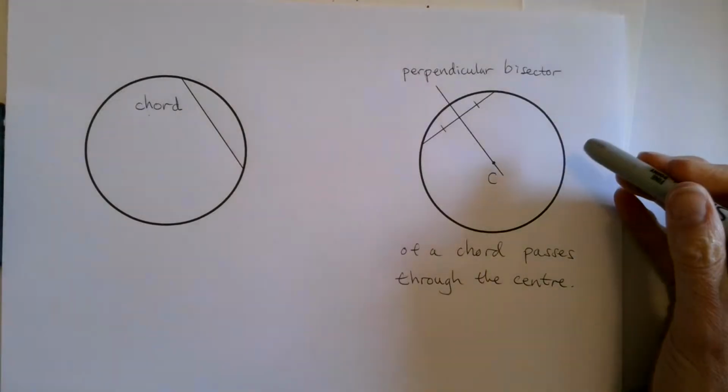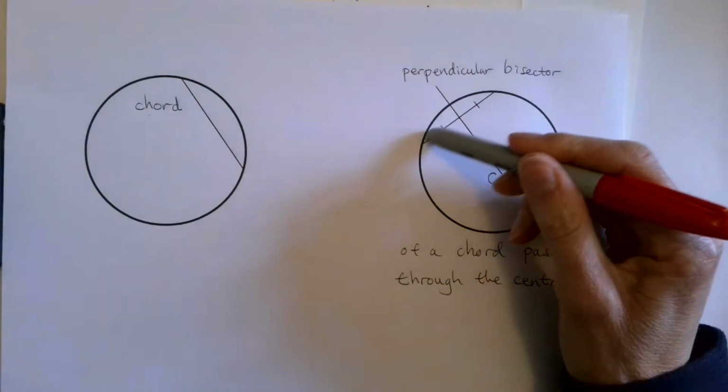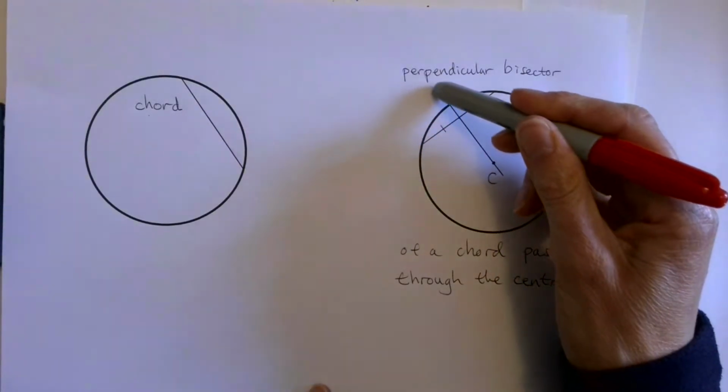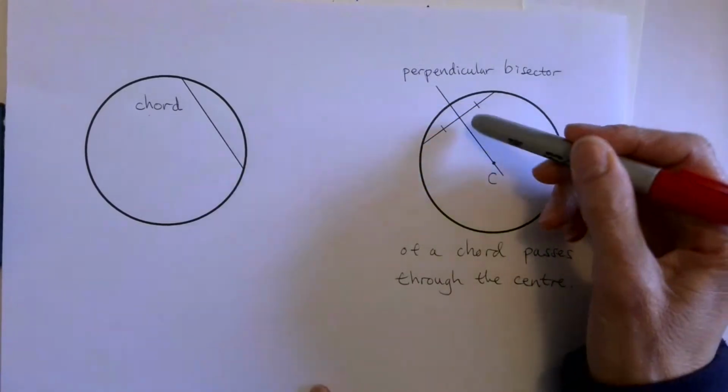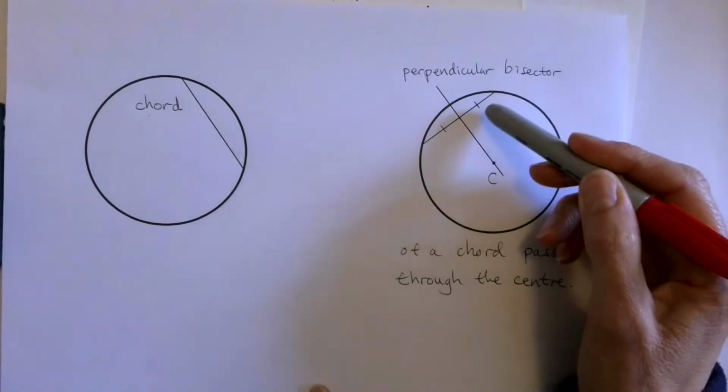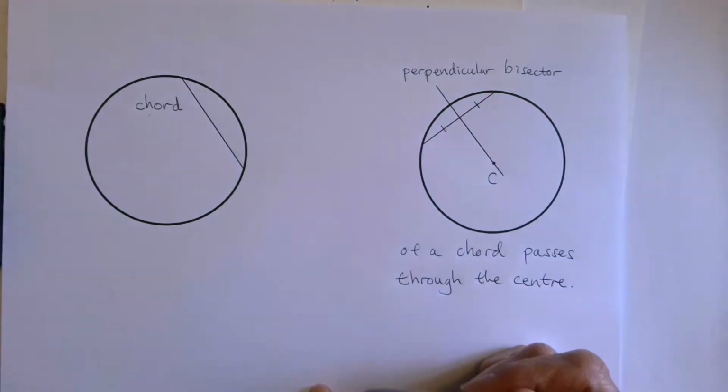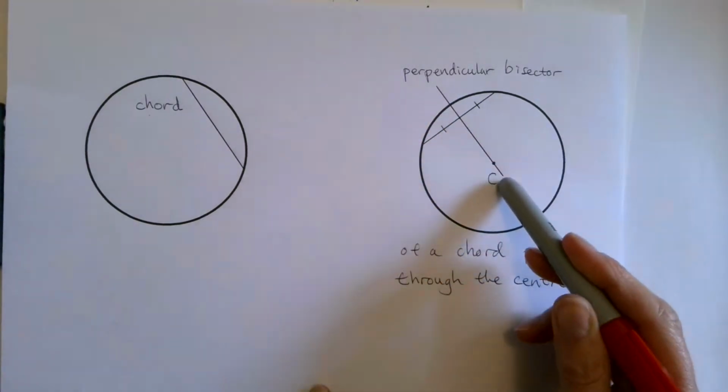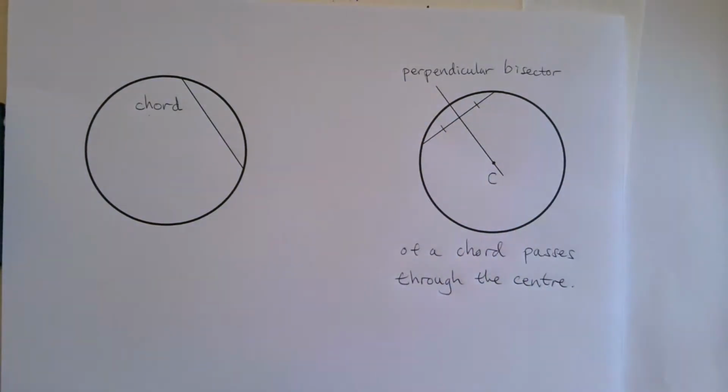So that's what we've got over here. I've got a chord of a circle. I've drawn a line which meets the chord at right angles, and it cuts it in half exactly. And then if that happens, that line must pass through the centre of the circle.